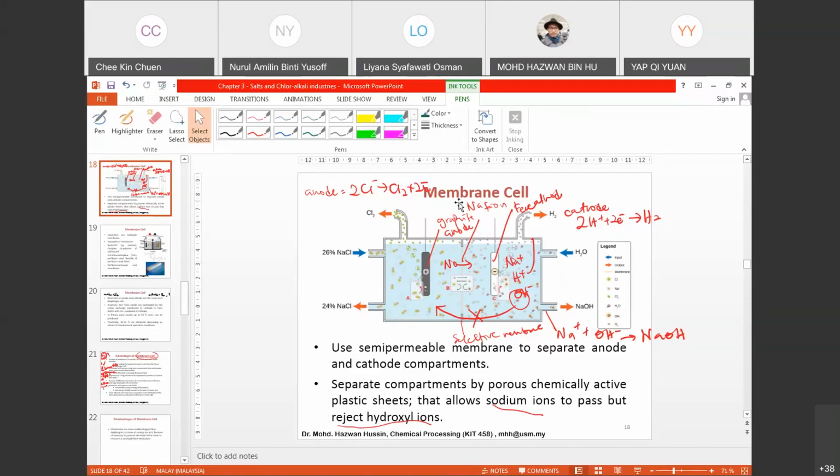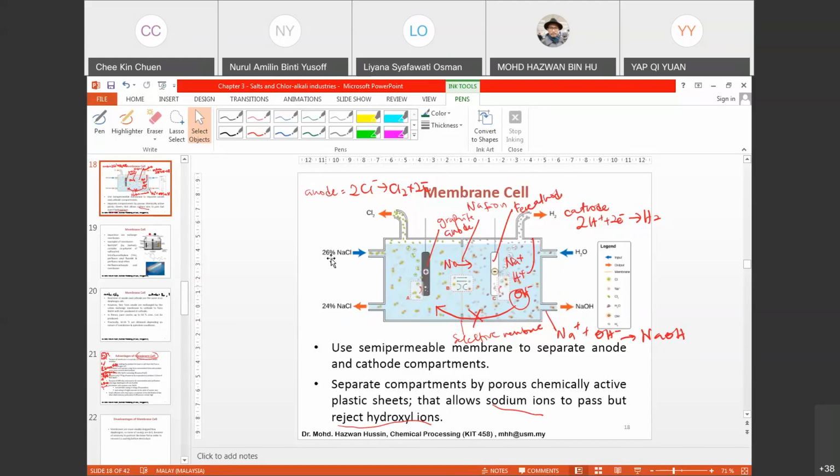So I forgot to tell you, for the membrane cell, the amount of sodium chloride byproduct is still considered high. Even though the sodium hydroxide product will be around 30%, the membrane is a very fine porous material, so not all sodium ions produced at the anode will penetrate through the membrane. Most of the sodium ions will remain there, and if not used, they are removed.